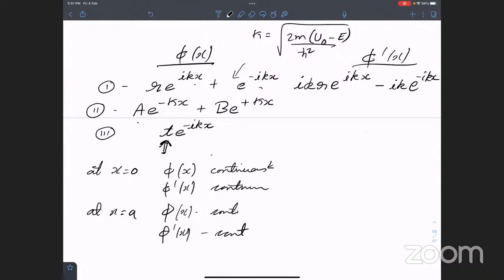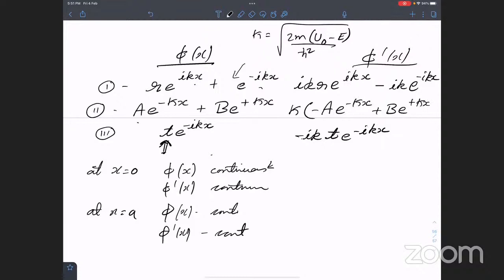The last one would be minus i k t e to the power minus i kx. This one, kappa comes out: minus a e to the power minus kappa x plus b e to the power plus kappa x.